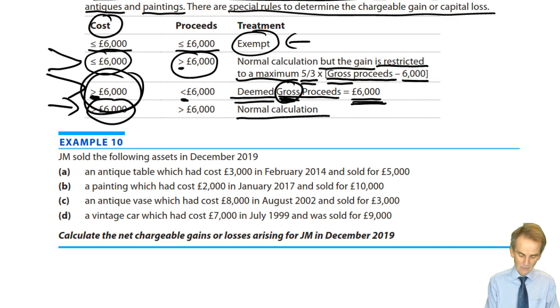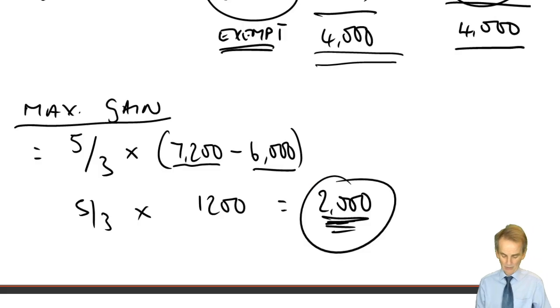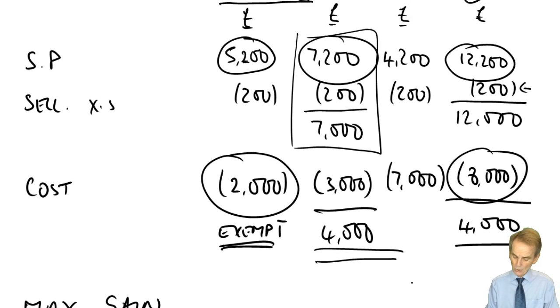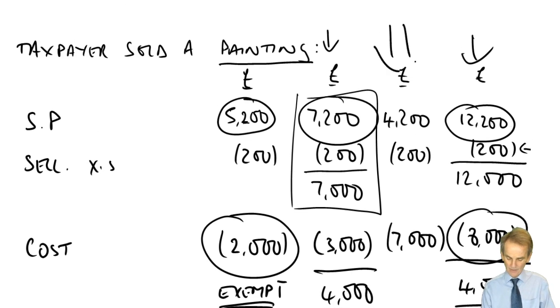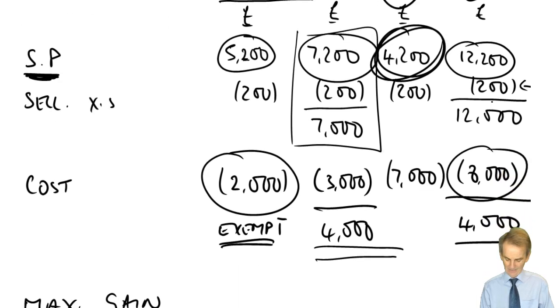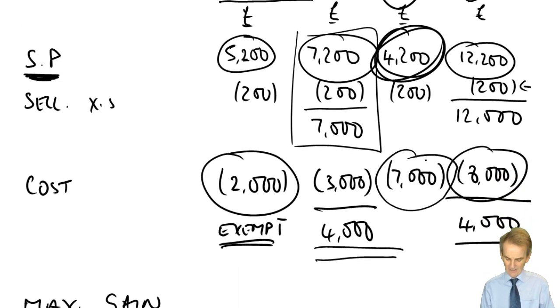Right. If we just go back to the example I was working with you here, there's one remaining situation to look at. Our gross sales proceeds are £4,200. That does not exceed £6,000. Our cost figure, £7,000. That does exceed £6,000.